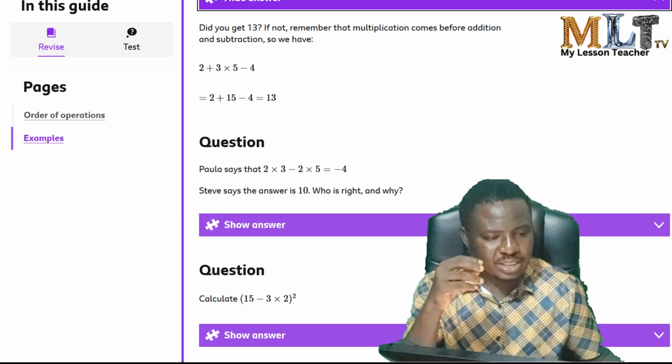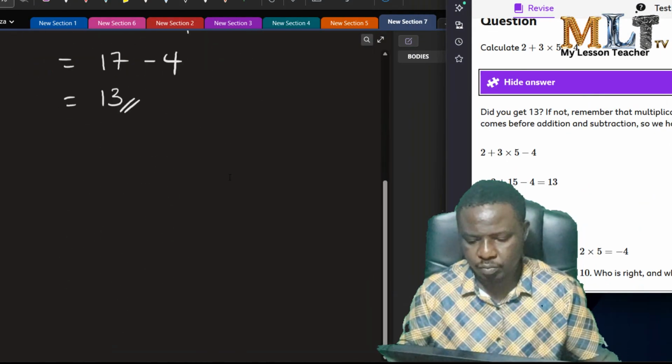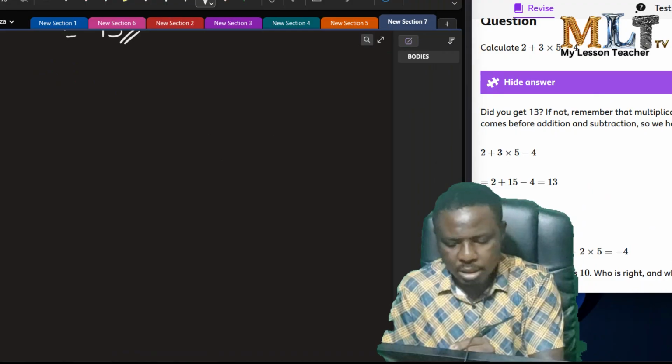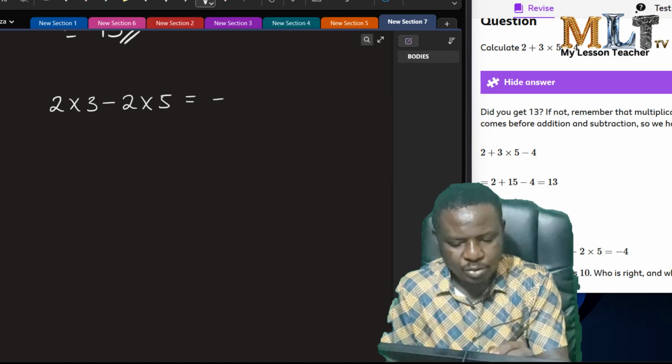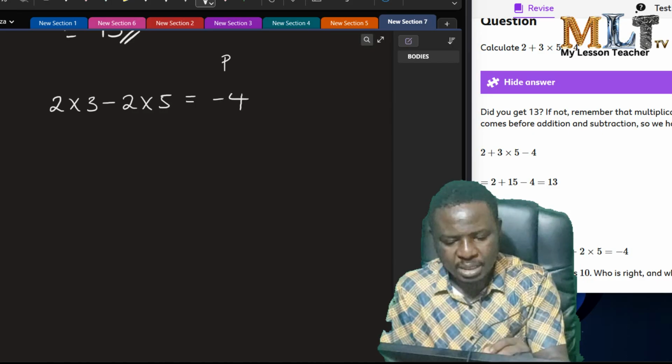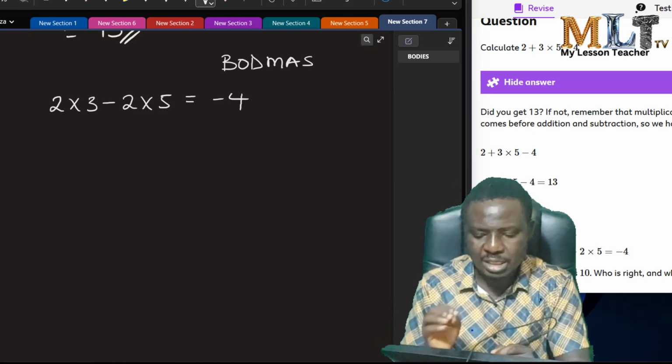Okay, so let's carry out the operation. That 2 times 3 minus 2 times 5 is equal to minus 4. Remember your BODMAS? First thing to do is to identify the operations that are there.